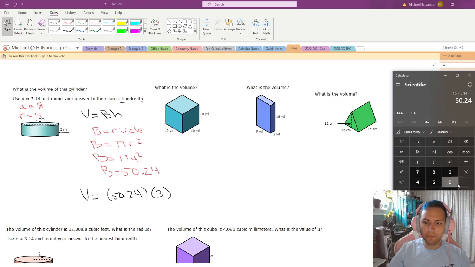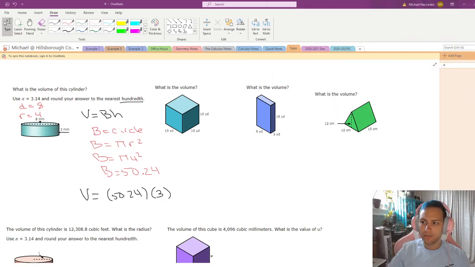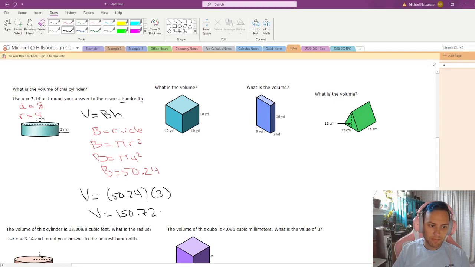So we're going to take this 50.24 and multiply it by 3. And when I do, I get 150.72. So I can put for my volume 150.72 millimeters. And since we're talking volume, now we're going units cubed. It's how many cubes can fit in there. So volume equals 150.72 millimeters cubed.